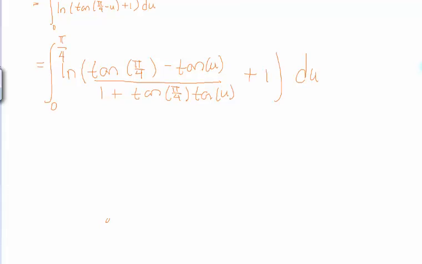Now, like I said, tangent of pi over 4 is 1, so let's rewrite that. So we have ln of 1 minus tangent of u over 1 plus tangent of u, plus 1. But since we're adding 1, I'm going to go straight to the common denominator, which is 1 plus tangent of u.